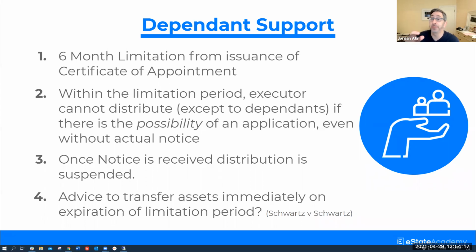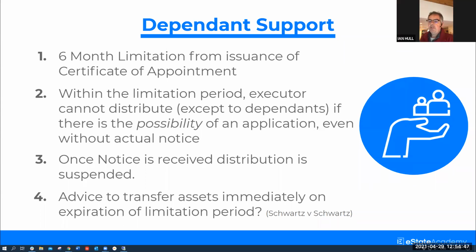Which brings me to the point I'm going to ask you about, Ian. Let's say I know there is this potential claim out there, and the 6 months is ticking. I get to that six months and a day. No application for dependent support has been brought. I'm ready to distribute the estate. What are my options there? What are some things you're going to think about there?